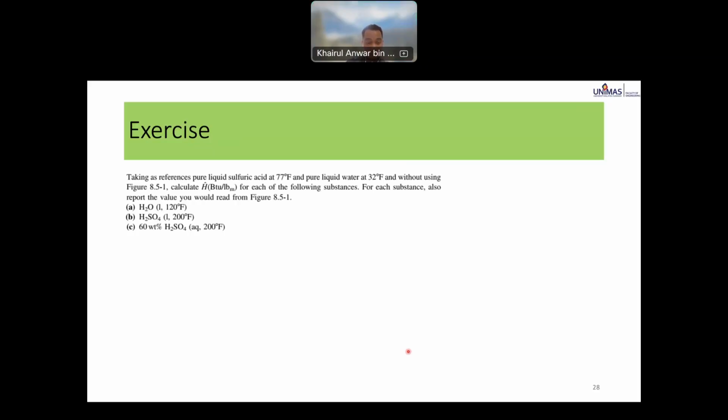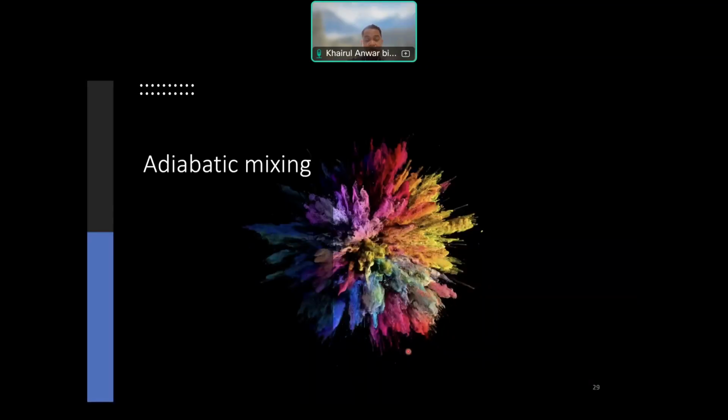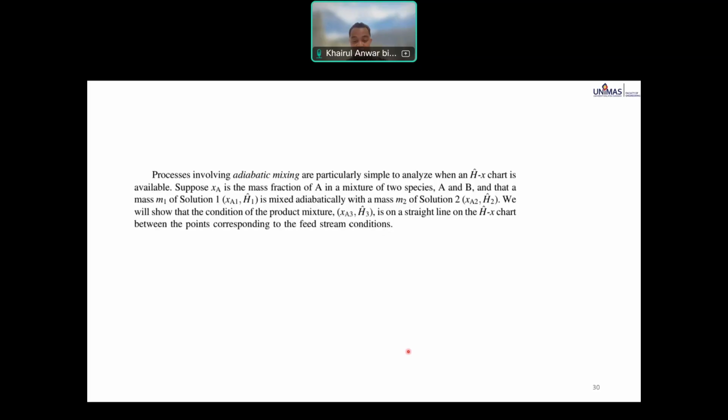This exercise is based on the enthalpy chart for H2SO4 and H2O. The process involves adiabatic cooling.